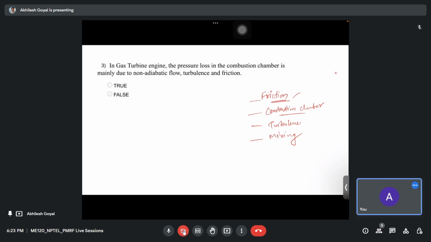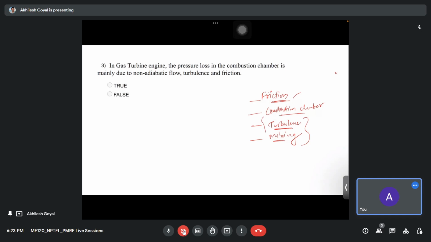Also the turbulence causes the pressure loss in the combustion chamber. The turbulence and mixing both are necessary for mixing of fuel with the air, to get good burning of the fuel, but the presence of this turbulence and mixing also results in pressure loss in the combustion chamber.